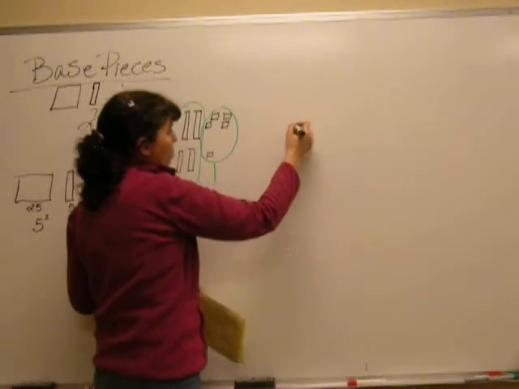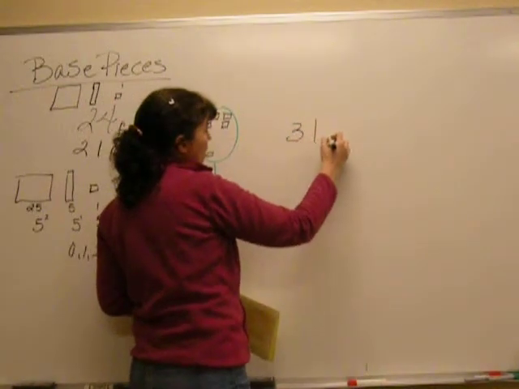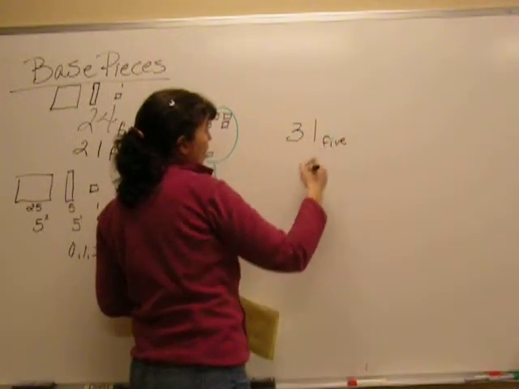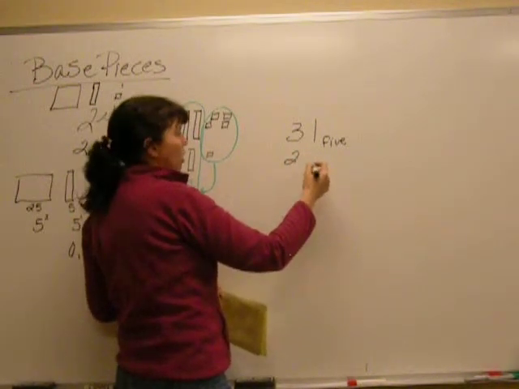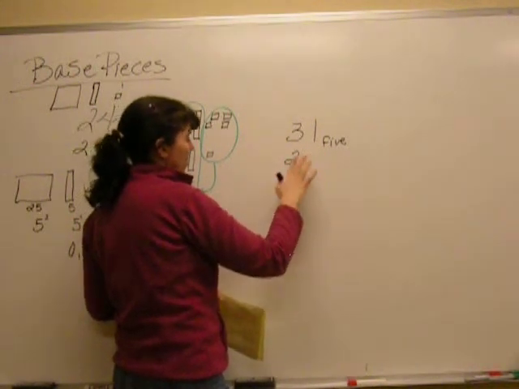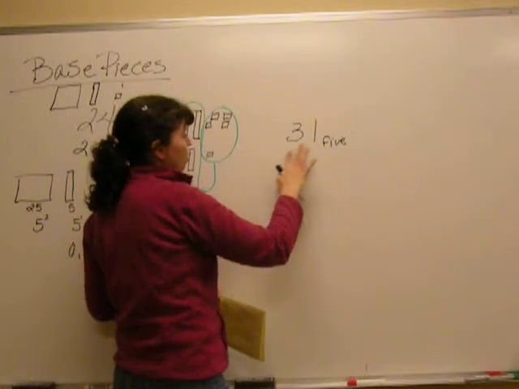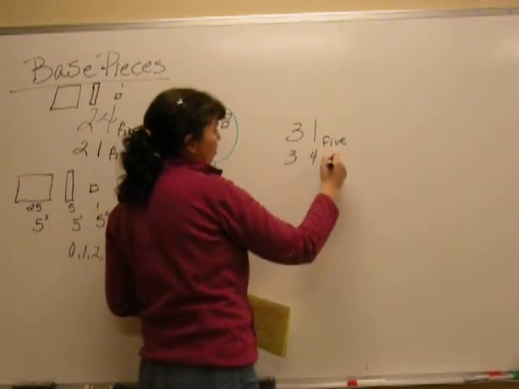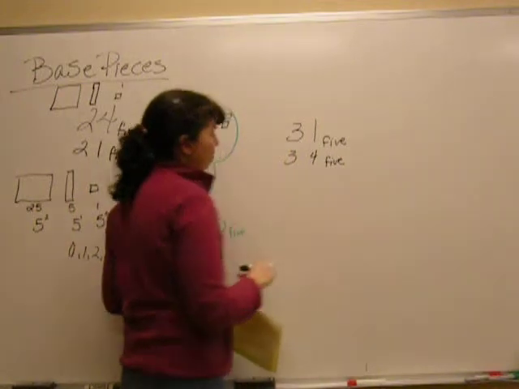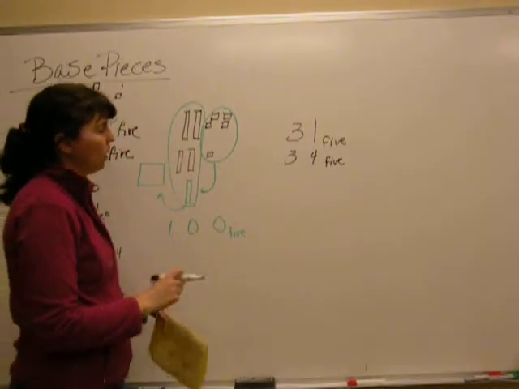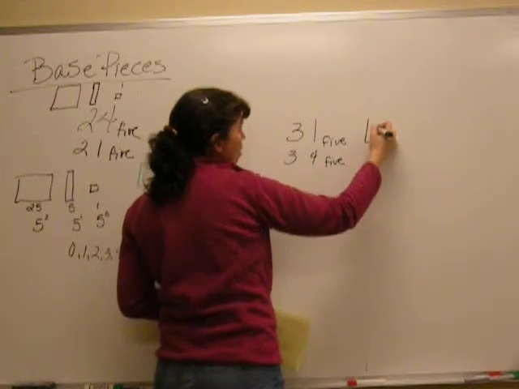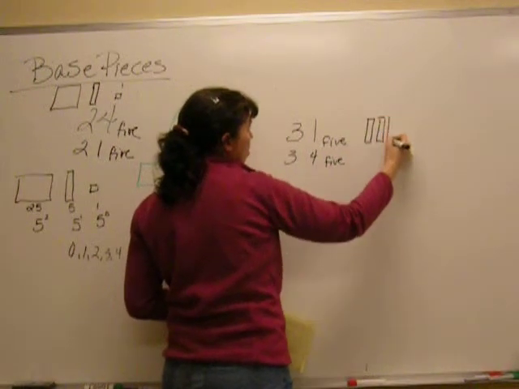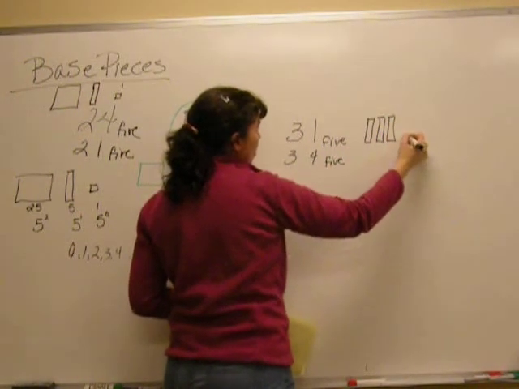Let's go 3, 1, base 5, and let's go 3, 4, base 5. Again, same thing. We're going to draw what the pieces look like. So I've got 3 longs and 1 unit.